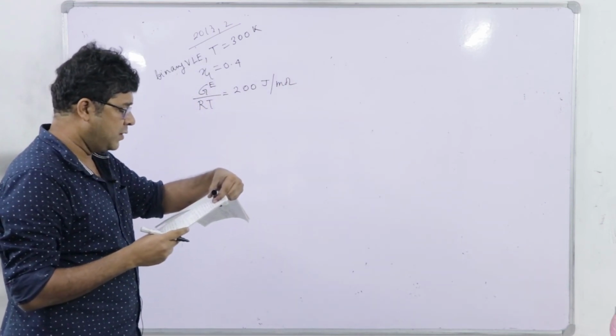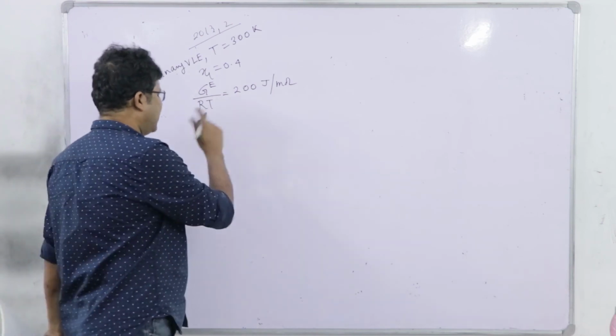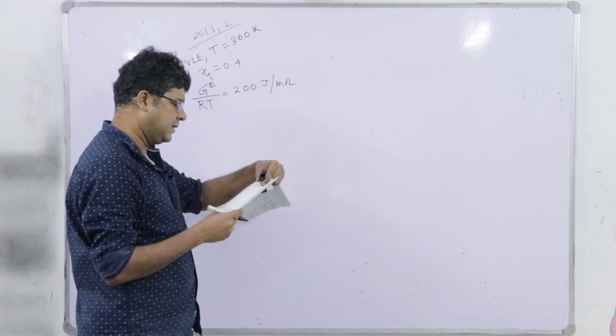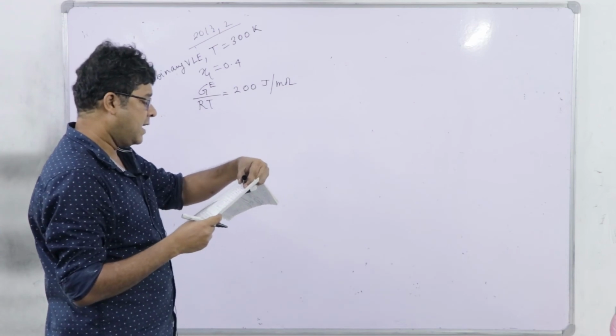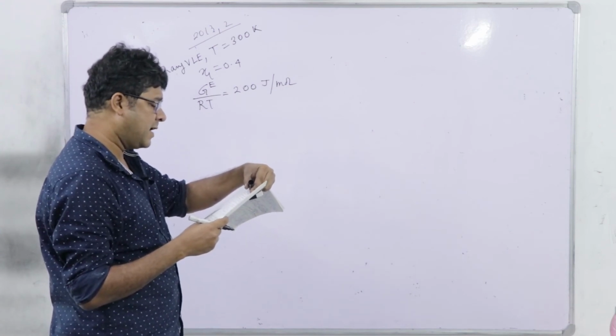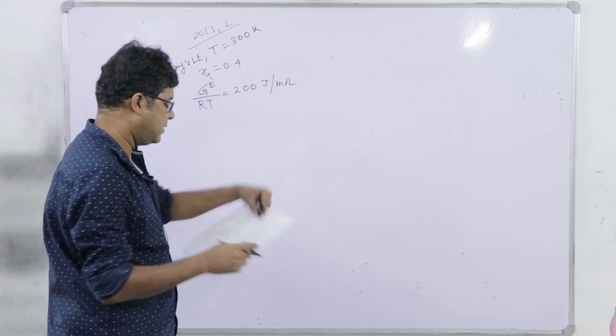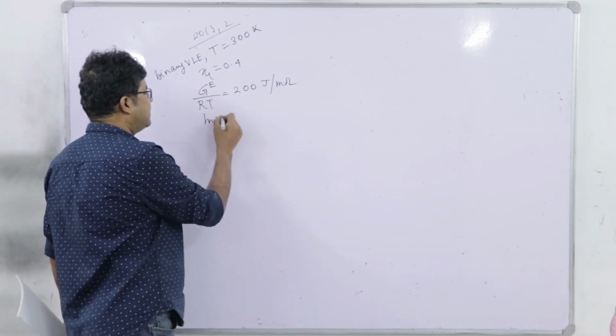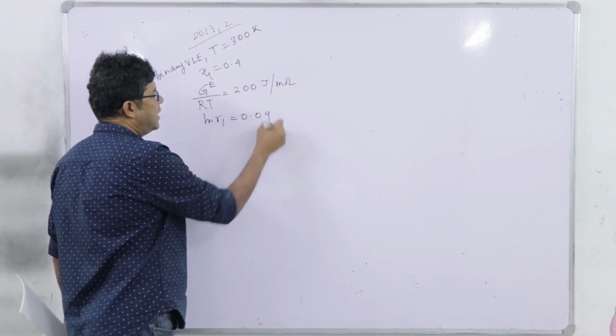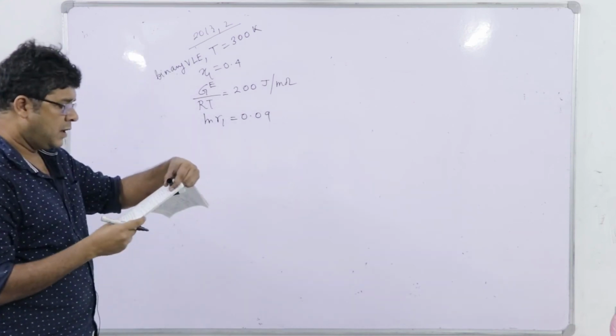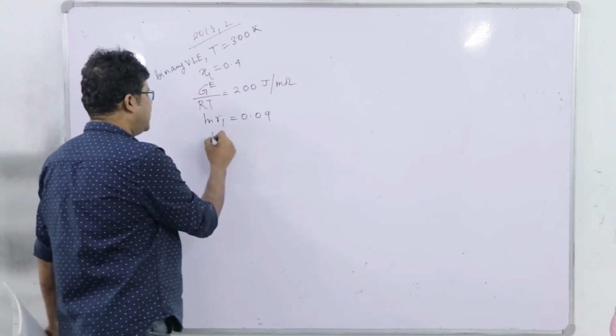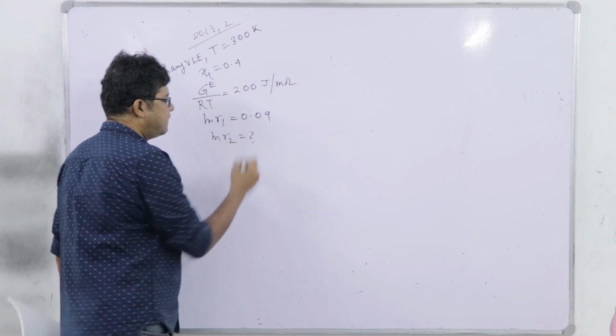The value of universal gas constant 8.314 joule per mole per Kelvin is given, and gamma i denotes the liquid phase activity coefficient of species i. Now ln gamma 1 is given as 0.09. The value of ln gamma 2 we are asked to solve, right?